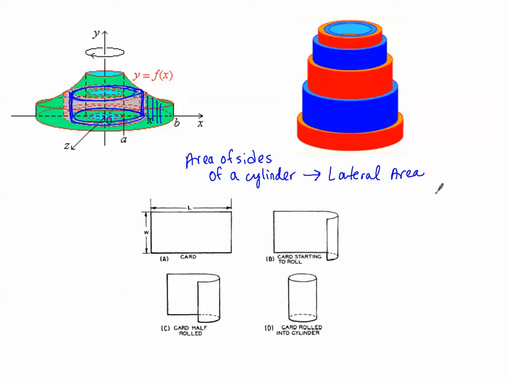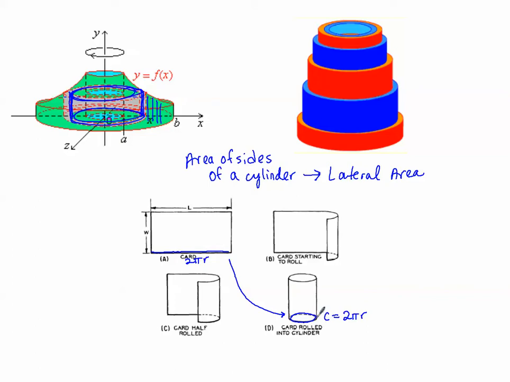Well, think about what that means. How can we make a cylinder with no top and bottom? Start with a rectangle. Roll it up like we're starting to do in these pictures, and there you have a cylinder with no top and no bottom. So imagine the length of the rectangle, that length right there, becomes the circumference of the circle. The circumference, 2 pi r, means the length of our rectangle, 2 pi r.